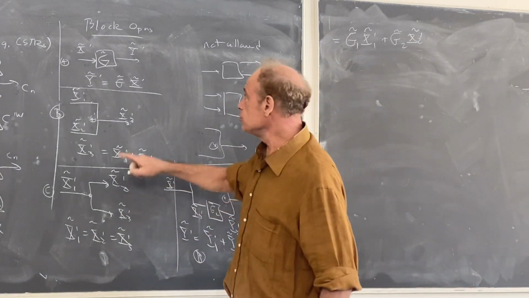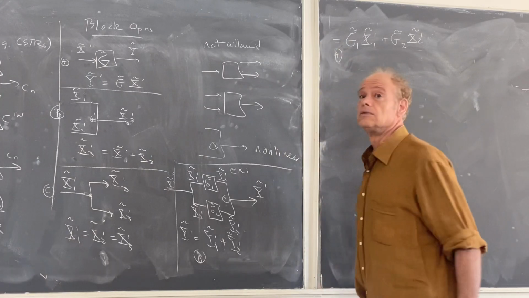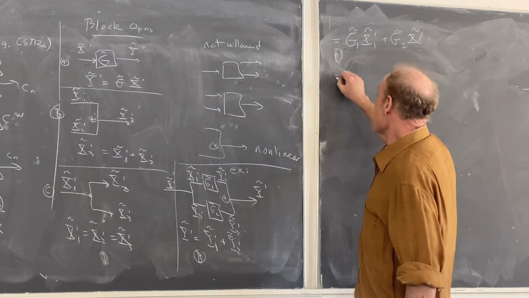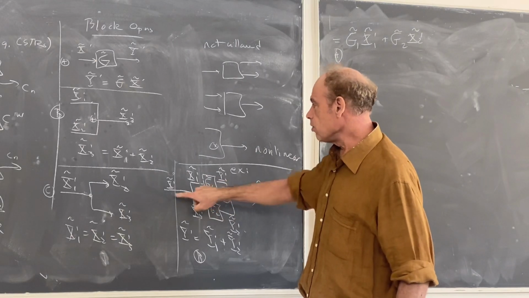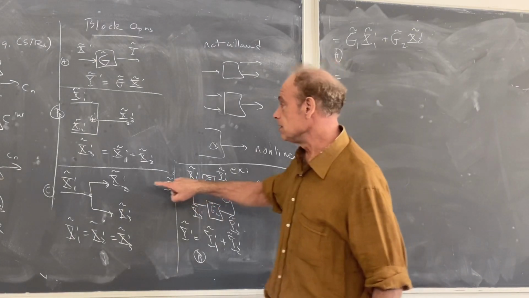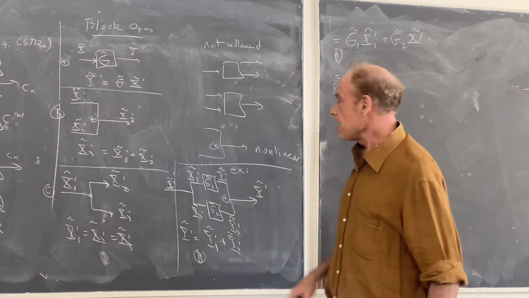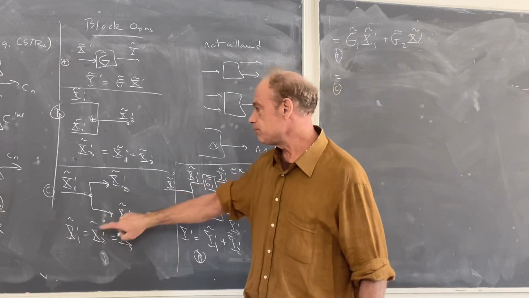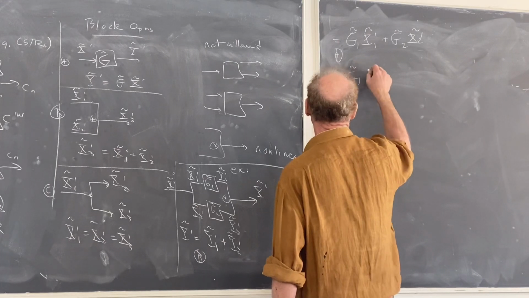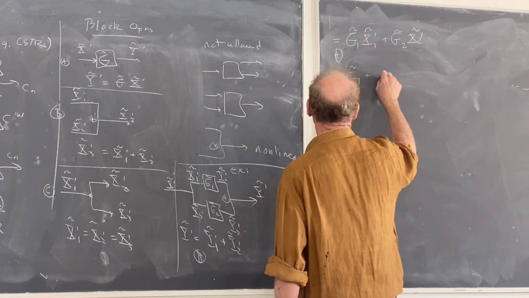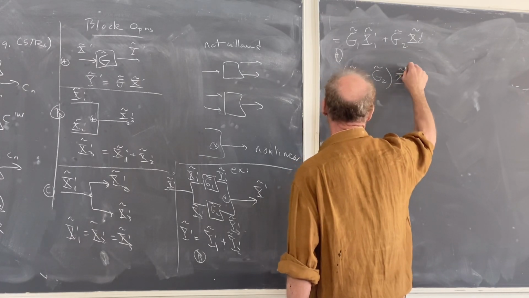And there I used A by A. And now these two were a split from X prime tilde. So I use C. By C, I note that these two have to be the same because these are all the same. So this is equal to G1 tilde plus G2 tilde times X prime tilde.